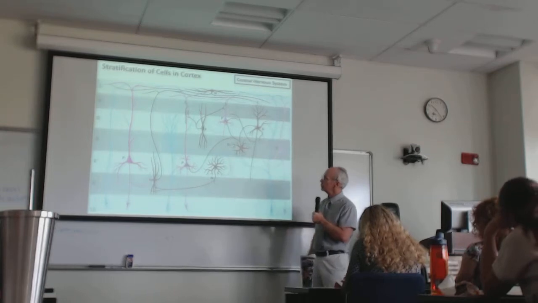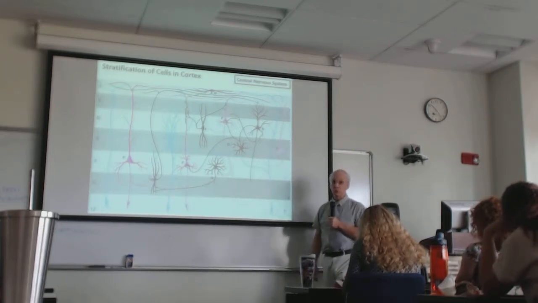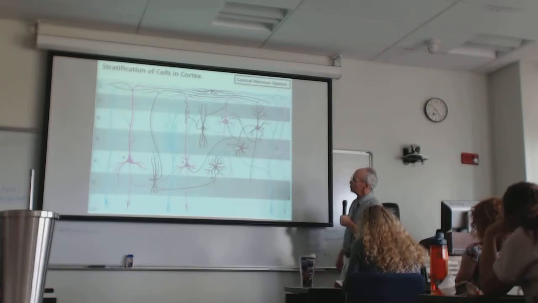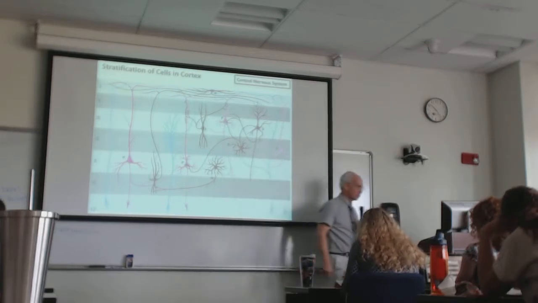And in most parts of the cortex, the density of neurons also increases between layers 1 and 5. So they increase in number and in size, but they also change in function as well.